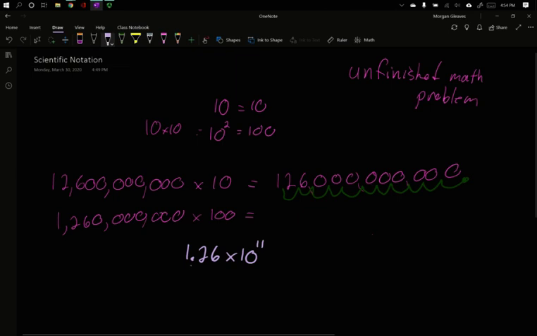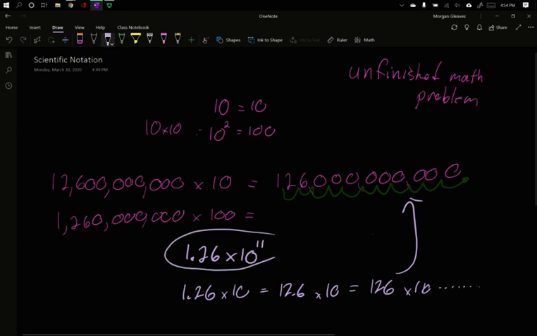What this tells me to do is to take 1.26 and multiply it by 10, which would be 12.6, and then do it again, multiplying it by 10 a second time, 126. You'd multiply it by 10 a third time, and so on and so on. Every time it would get bigger until it was 126 billion again.